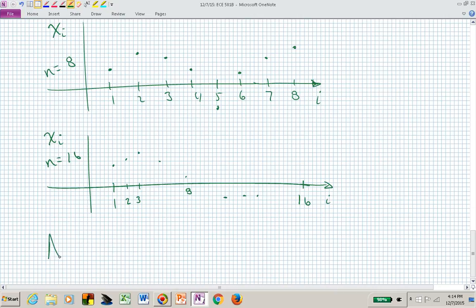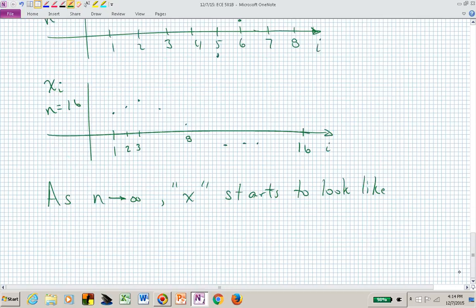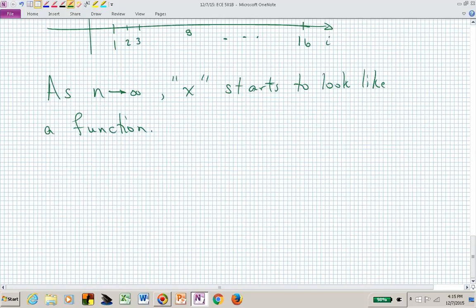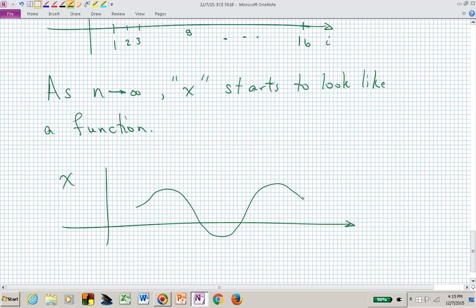So that as n goes to infinity, then this x starts to look like a function. And now maybe we have this x that goes up and then maybe comes down and does something like that.